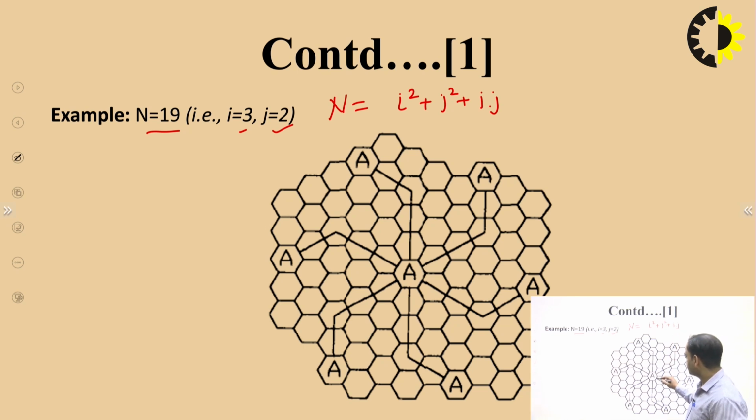How is it represented? If the f1 frequency is here, what we want to know is the frequency reuse distance. So this is the frequency reuse distance D, and here too the frequency reuse distance D, and from this point to this point the frequency reuse distance D, and from this point to this point the frequency reuse distance D, and the same way here.